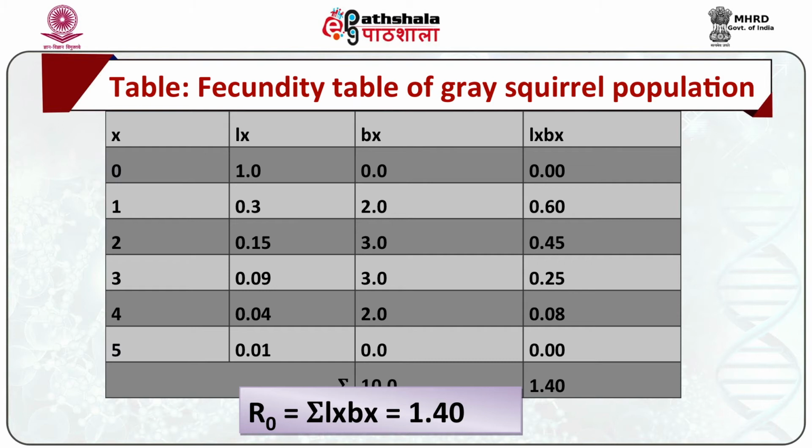It represents that the survival of adult females is poor. The values of lxBx are summed over all ages at which reproduction occurs, which gives the net reproductive rate, calculated by the formula summation of lxBx, and the value that we get is 1.4. Therefore, the net reproductive rate of the grey squirrel population is 1.4.